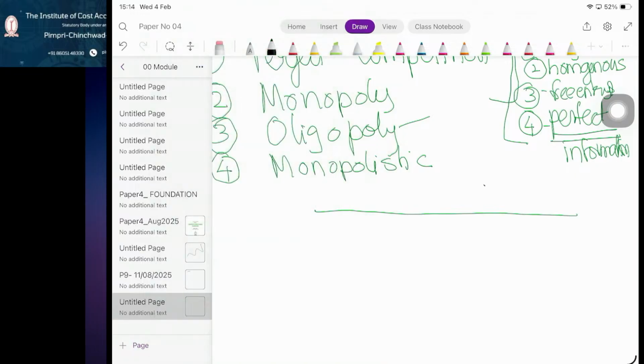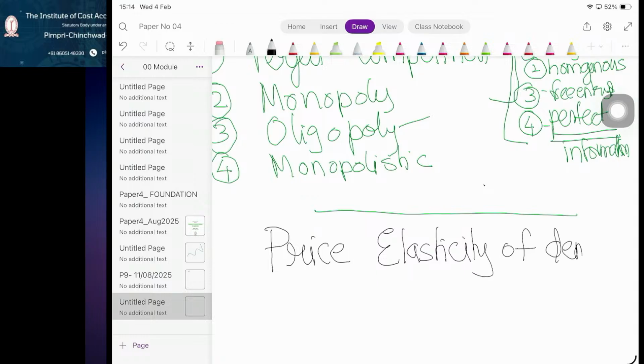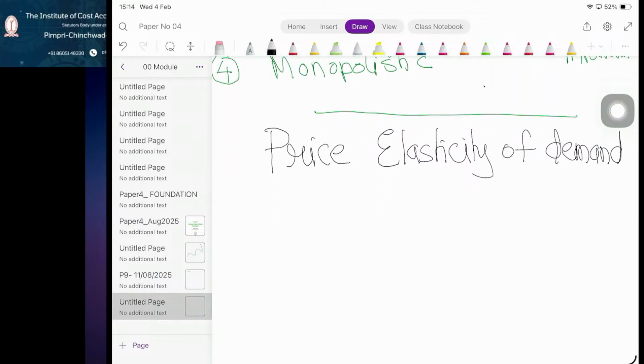I'm specifically writing what is called price elasticity of demand, and symbolically I'm going to represent this as E and P. E stands for elasticity, and the symbol P stands for price.